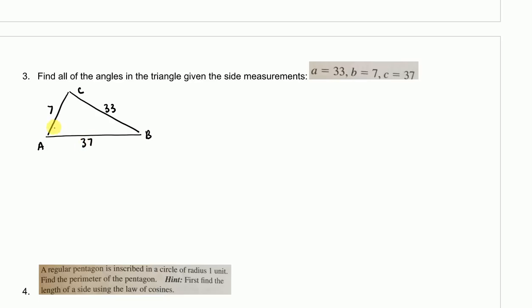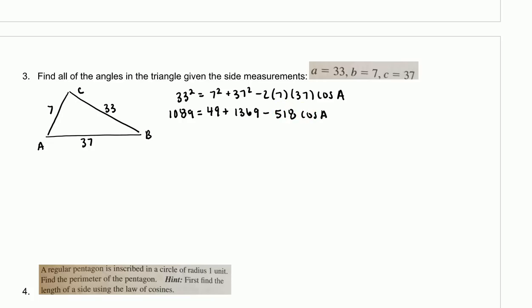I'm going to start by trying to find angle A. So we would have side A squared equals the other two sides squared minus 2 times the other two sides times the cosine of that angle, but we don't know what the angle is, so we're just going to write capital A. So then we have 1089, which is 33 squared, 49, which is 7 squared, and 1369, which is 37 squared, minus 2 times 7 times 37, which is 518.